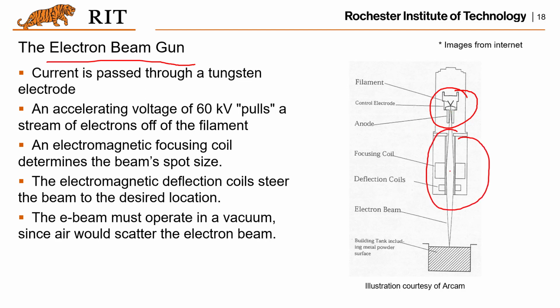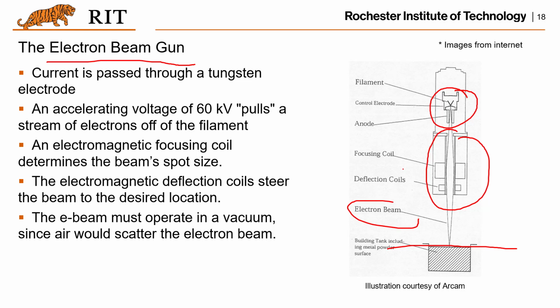Here there are electromagnetic coils, and these coils can change the direction of the electron stream, up and down, left and right, such that you can steer the electron beam to different locations on the surface. So there's no actual mechanical motion during this process. It's all the change of the electron beam controlled by those coils.